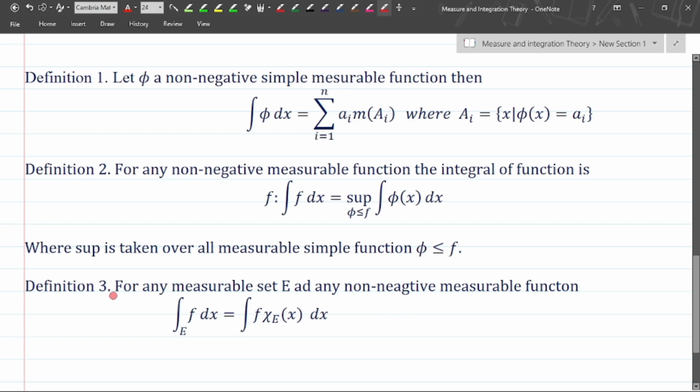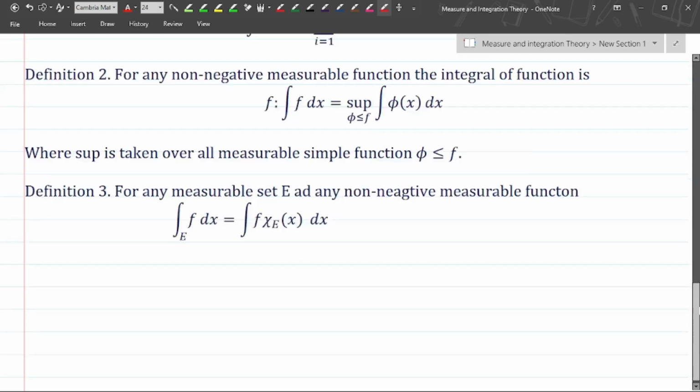Now the third definition is for any measurable set E and any non-negative measurable function f. If we integrate f over the measurable set E, then it will be equal to the integral of f times the characteristic function of that set. So these are the definitions.